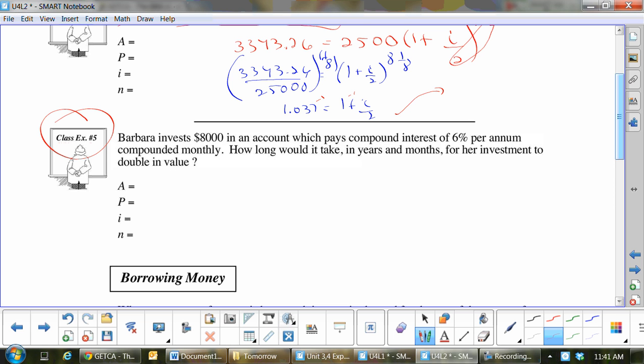So that is 0.037 equals I over 2. Times 2 to both sides. Okay, so you will get 0.074 equals I. So interest is 7.4%.